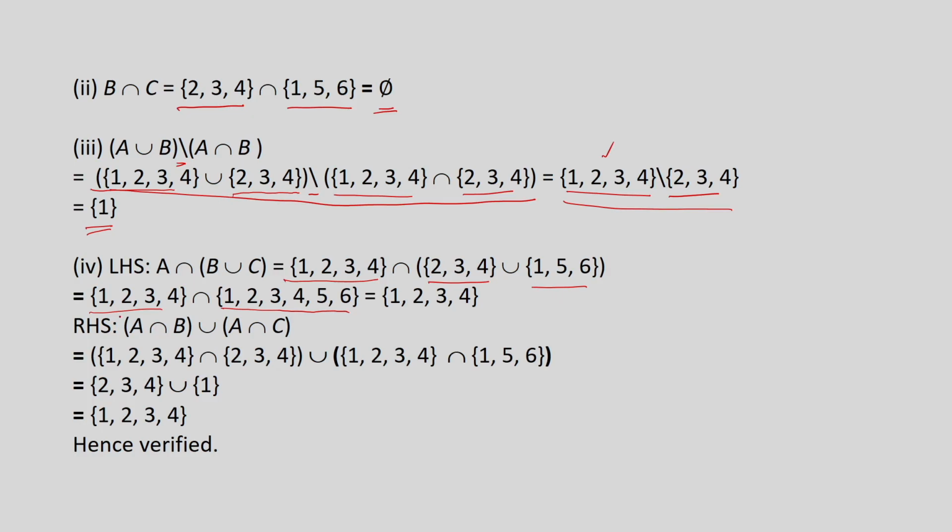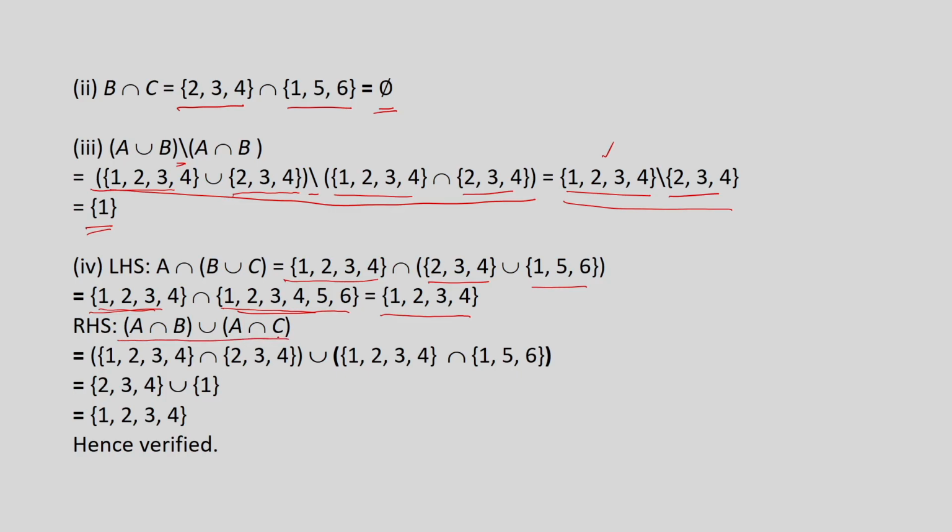And if we take the intersection of these two sets, that is we are taking the common elements from these sets, and this is nothing but 1, 2, 3, 4. This was the LHS, the left hand side. What about the right hand side?